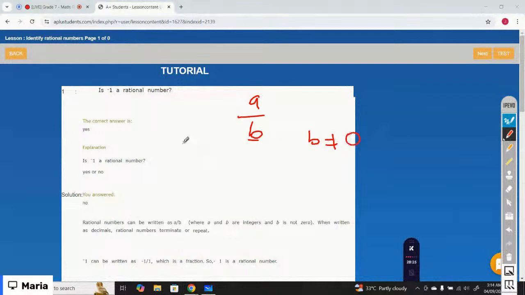When written as a decimal number, they terminate or repeat, right? You are given negative 1 here, so you can write negative 1 over 1, right? When a number doesn't have any denominator, that means its denominator is 1. So you write negative 1 as negative 1 by 1, so that means negative 1 is a rational number. Any number that you can write in the rational form is a rational number.